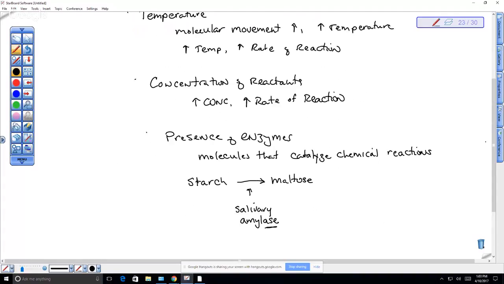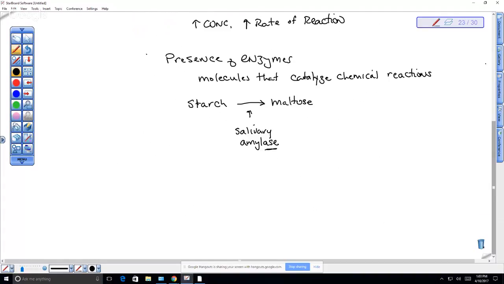Okay, so what happens is that the enzymes can influence the rate of reaction, and enzymes do this by binding to the substrates. So enzymes have substrate binding sites.